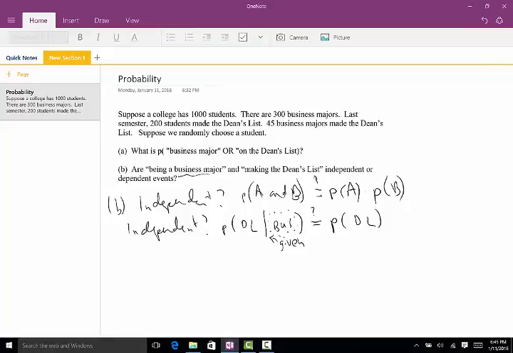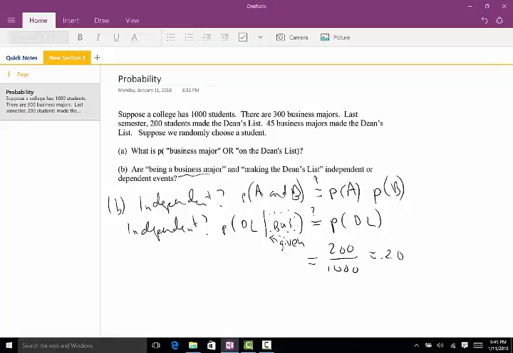It's that knowing whether the information provided here has an effect on this. Does it help us predict whether the student made the Dean's List or not? So we know the probability the student made the Dean's List. That's 20%. 200 out of the 1,000 students in the college made the Dean's List.